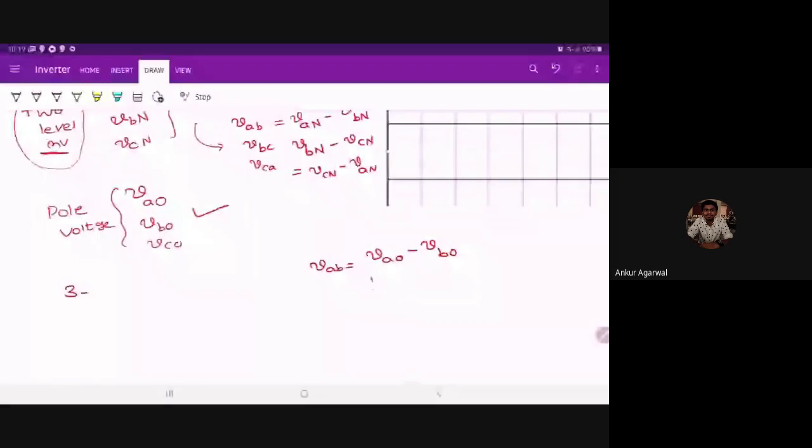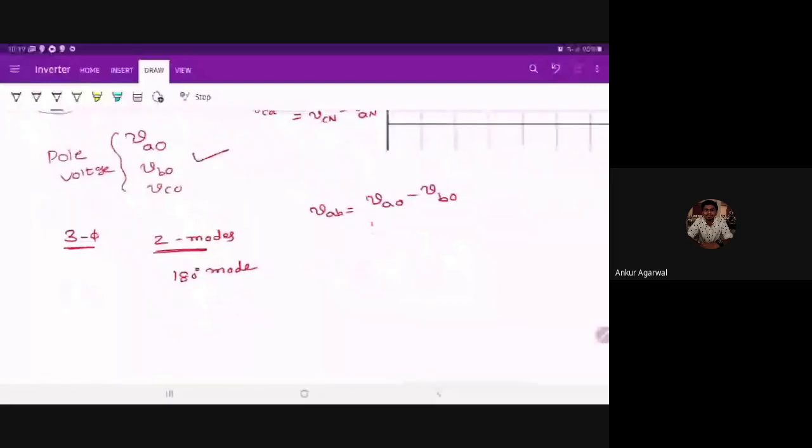So these three-phase inverters normally operate in two modes. One is 180-degree mode, and the other one is 120-degree mode. First we will discuss this 180-degree mode, right?